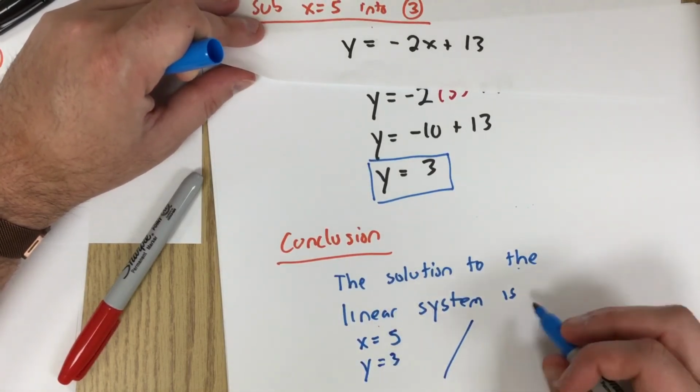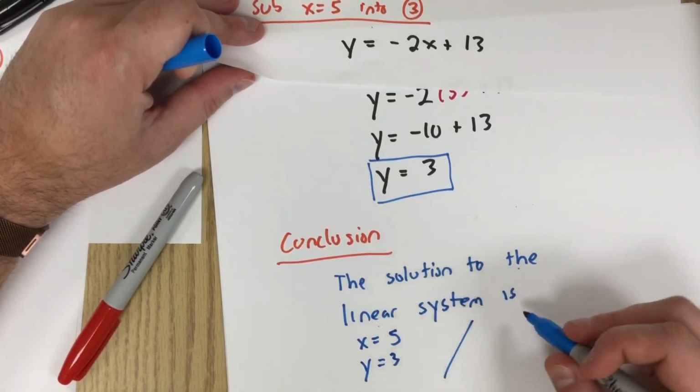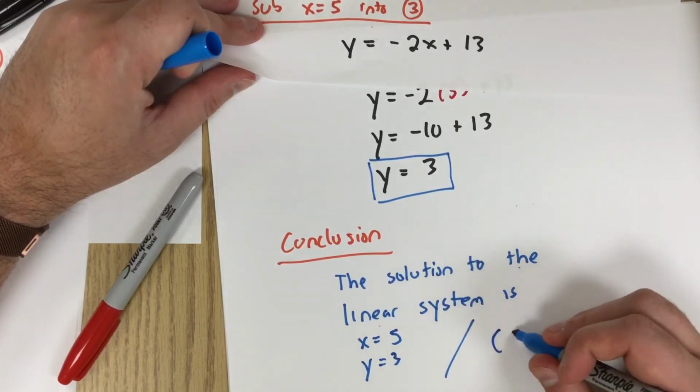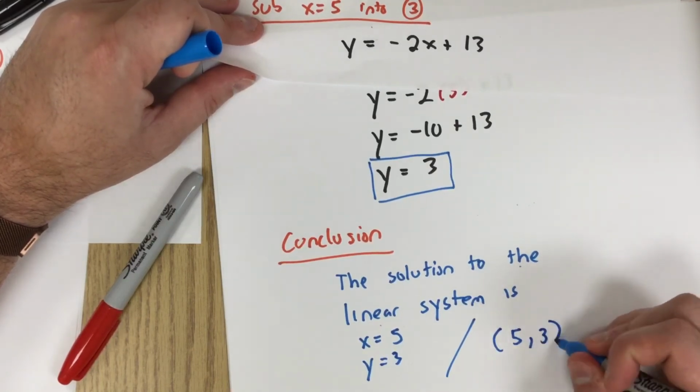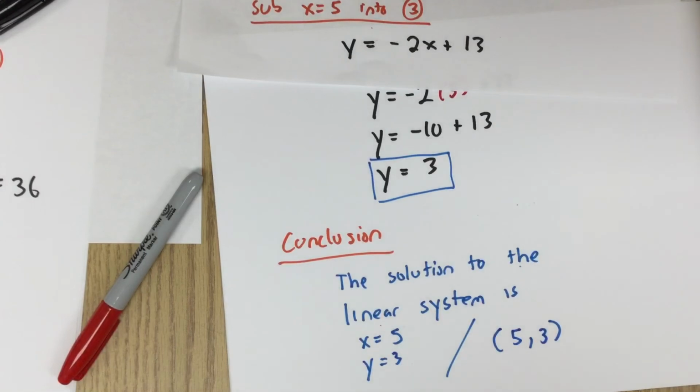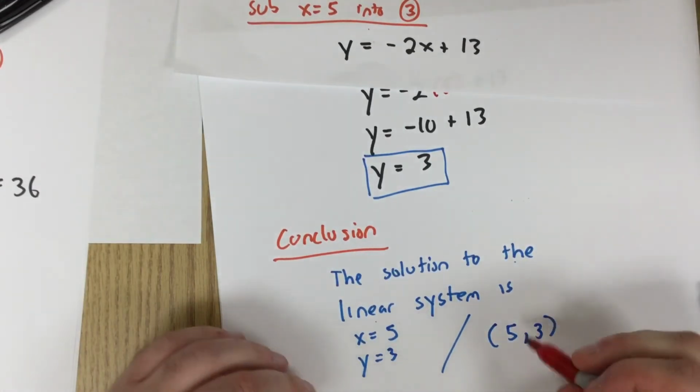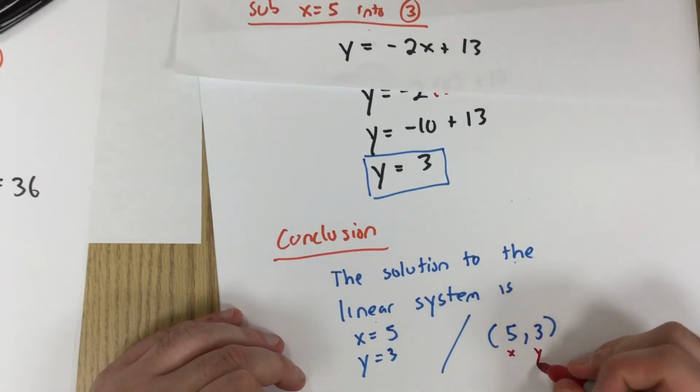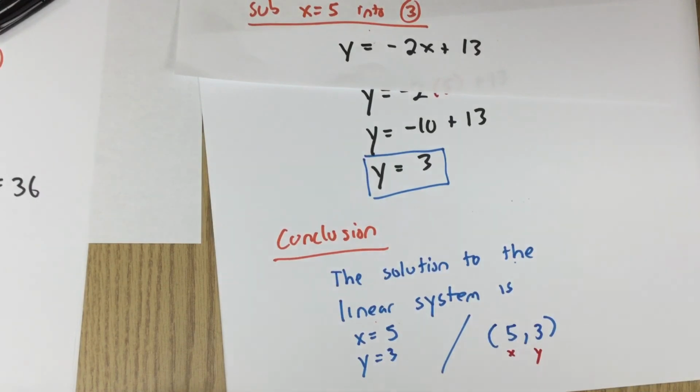Or another way you could have written it, you could have said the solution to the linear system is (5, 3). You could do that when it's x and y because, of course, when you write a point, you're effectively saying that the first one is x and the second one is y. That's substitution.